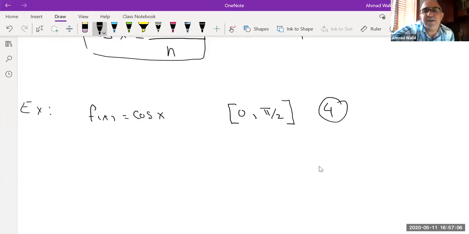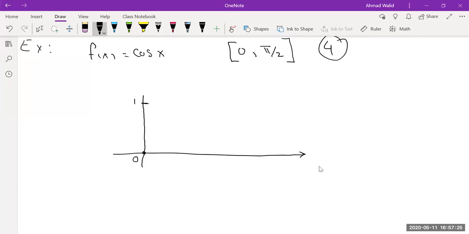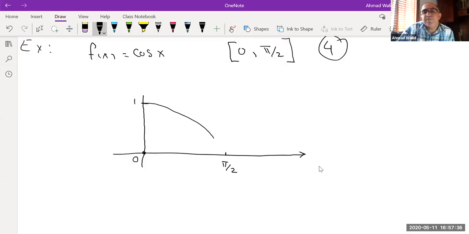How? First, I have to know the graph of cosine. Everyone knows the graph of cosine? Hopefully. What's the shape of cosine? It starts at 1 and comes to where? Pi over 2, agree? Then it goes down, comes back up.